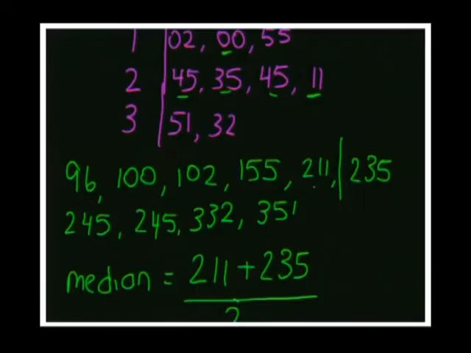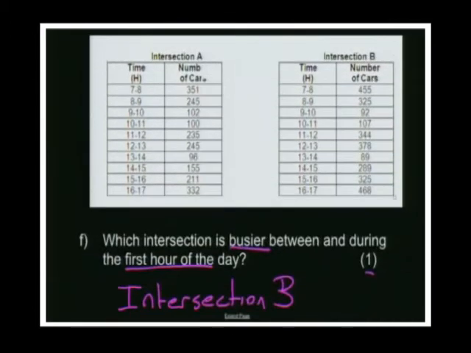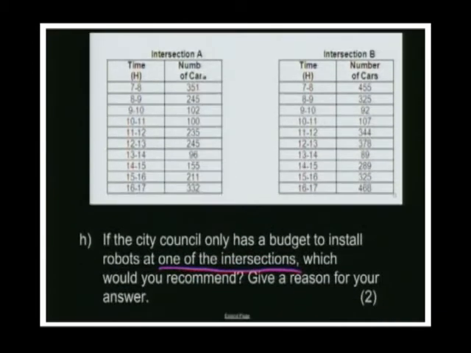We didn't calculate the median for B, so we can't compare the two medians, but we have got a very good comparison with the mean. And then we looked at the first hour, intersection B was busier. And lastly, the mode, again, we didn't calculate the mode for A, so we're not going to look at the mode. So basically, I'm going to look at two things.